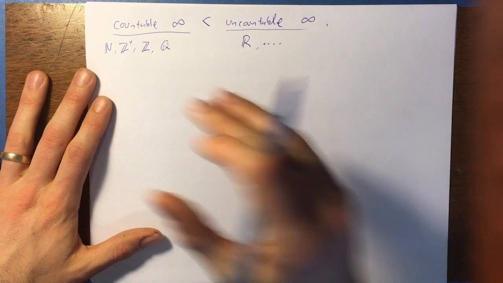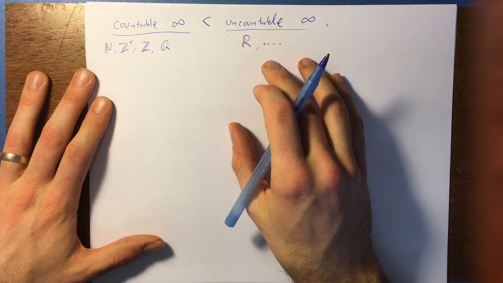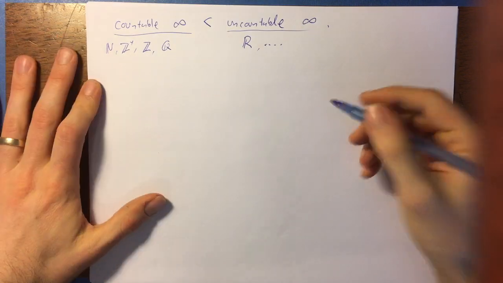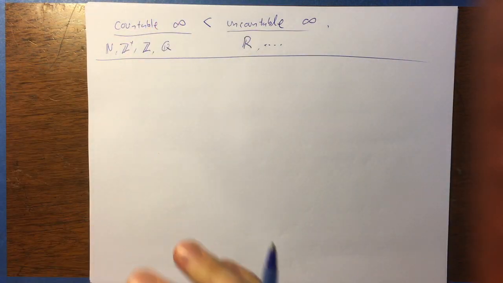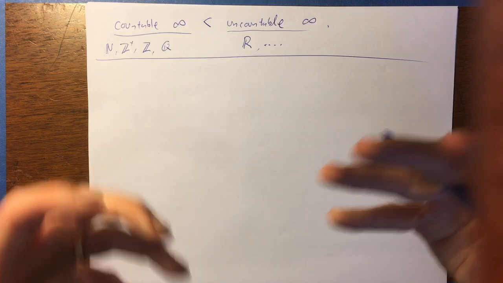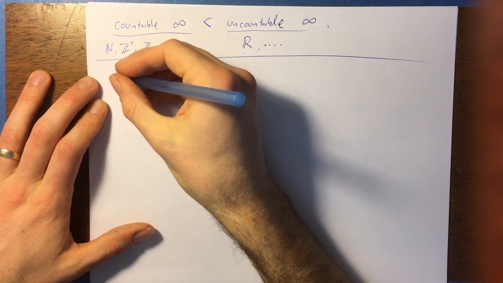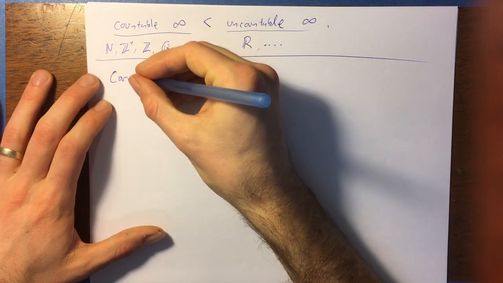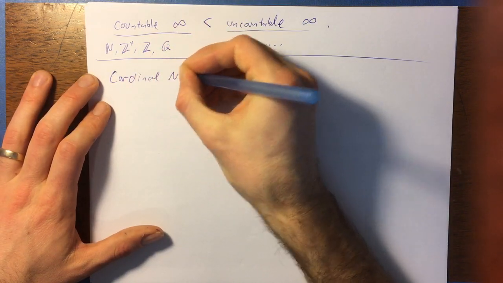Now I want to give you a list of numbers. Now that we've talked about infinite sizes, infinite cardinalities, you can create a collection, a sort of number system called the cardinal numbers.